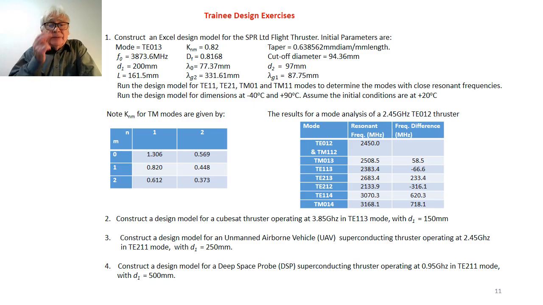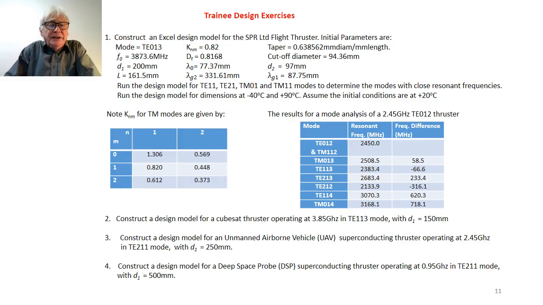Finally, I suggest a design for a very large thruster, which we will talk about for instance, for a deep space probe. This is what we term a generation 4 type thruster.